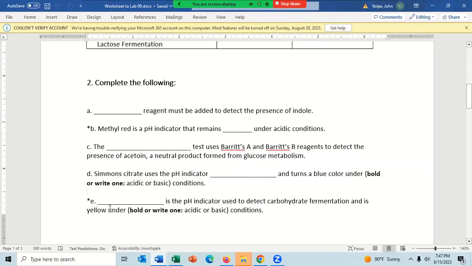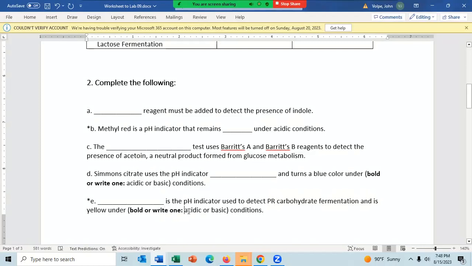2E, what pH indicator is used to detect carbohydrate fermentation and is yellow under acidic or basic conditions? And this should be phenol red, carbohydrate fermentation. Is that right? Yes. So it's yellow under either acidic or basic conditions.